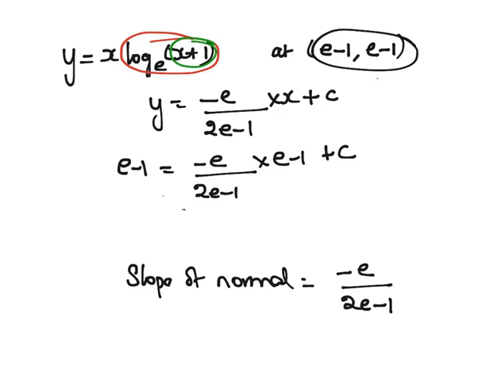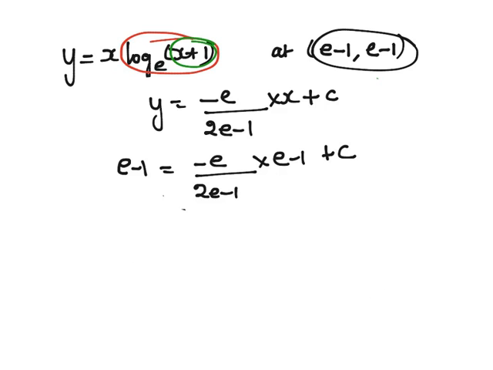Okay, so what do I do now? Let me put a bracket here. I'll get e minus 1 equal to, let me multiply these two, so I'll get minus e squared plus e divided by 2e minus 1, plus c.